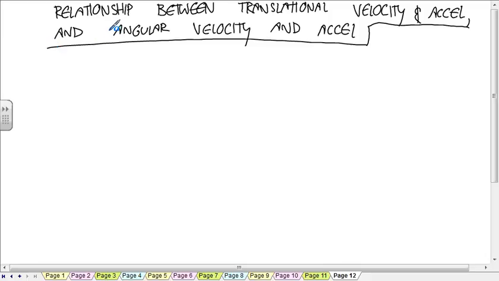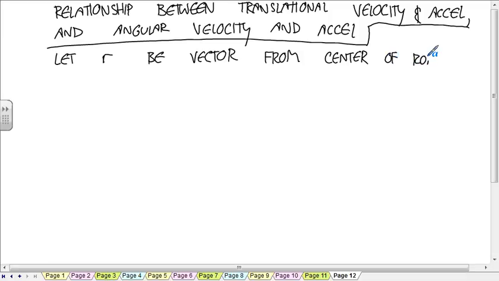So let R be the vector from the center of rotation to the particle.